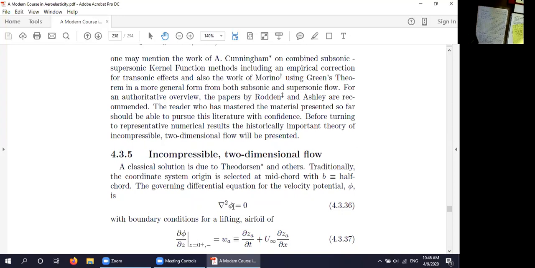But the method he developed, which is wonderful, only works for incompressible flow and only works in 2D flow. But other than that, it's great. It's an intellectual dead end in the sense that you can't take his method and do the 3D case or the compressible case. But it's wonderful, and as a tribute to Theodorsen, it's included in the book.